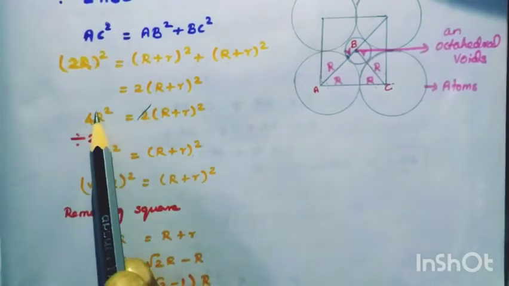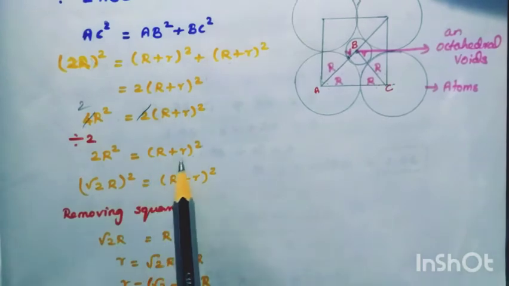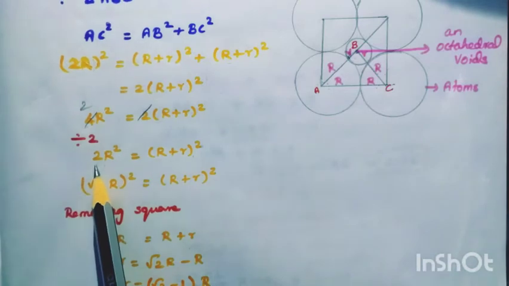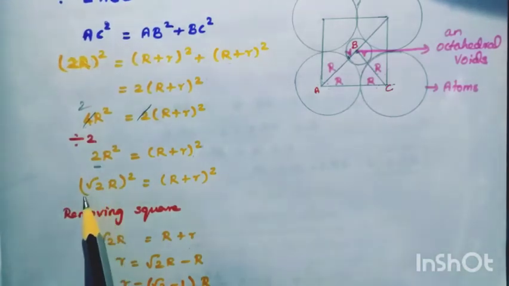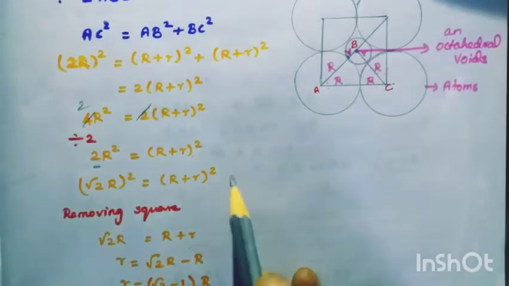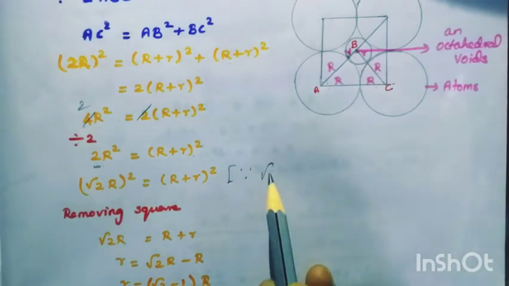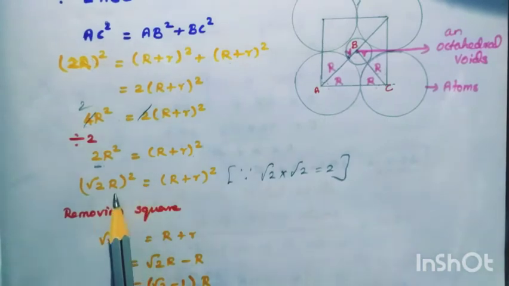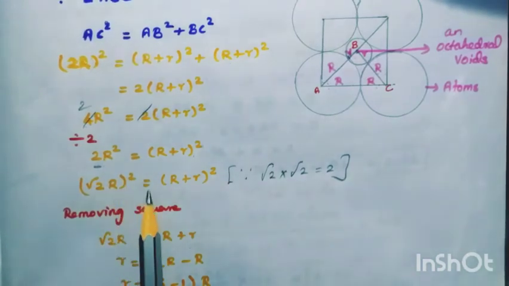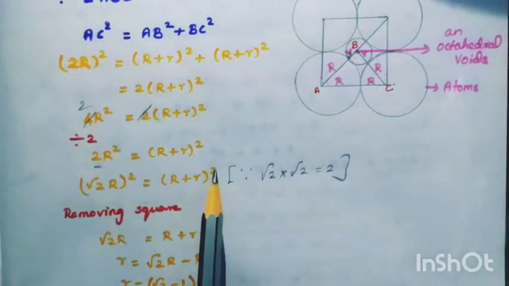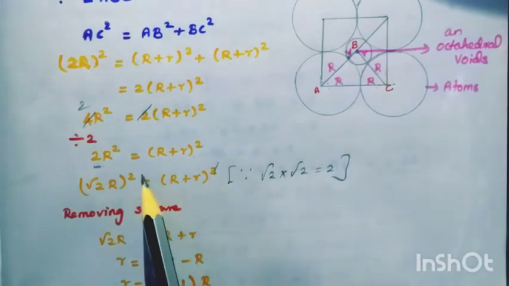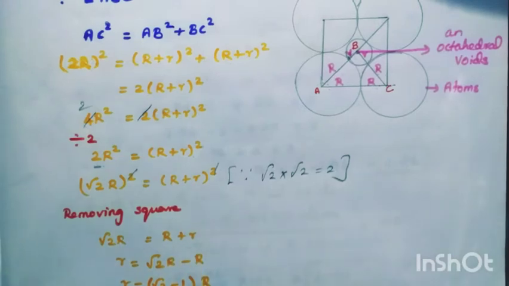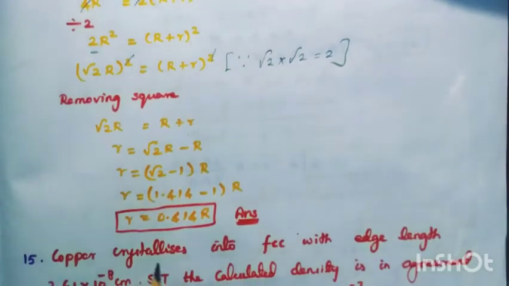Before removing the square, we can convert this: since root 2 into root 2 equals 2, we write root 2 R the whole square equal to (R plus r) the whole square. Squaring removed, so root 2 R equals R plus r.